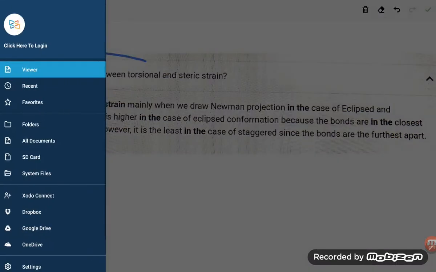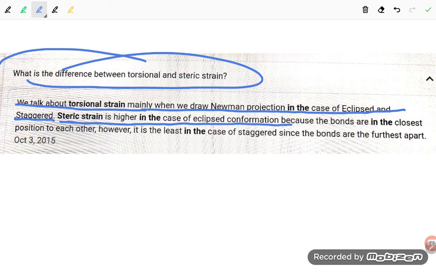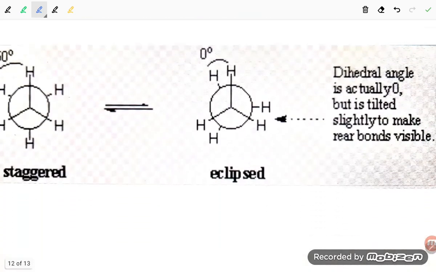What is the difference between torsional and steric strain? We talk about torsional strain mainly when we draw Newman projections in the case of eclipsed and staggered. Steric strain is higher in the case of the eclipsed conformation because the bonds are in the closest position to each other. However, it is least in the case of staggered since the bonds are the furthest apart.